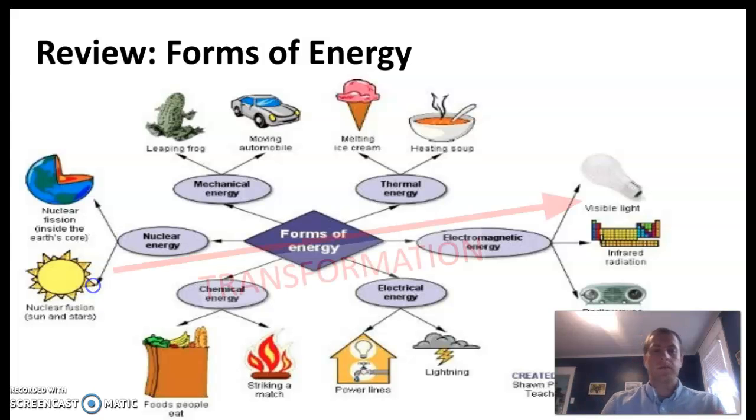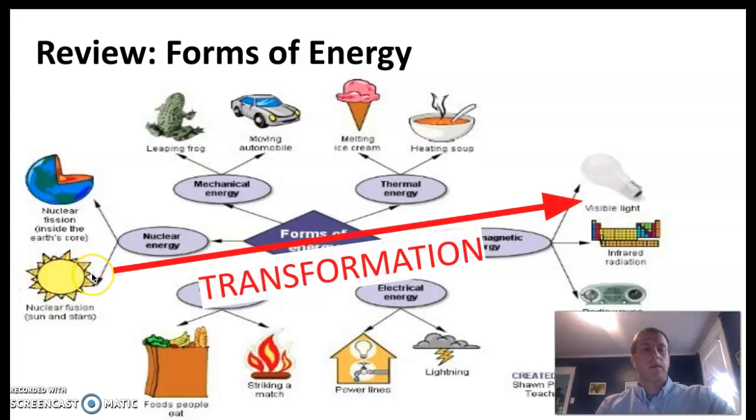So the transformation here would be the energy that starts out as potential nuclear energy is getting ripped apart and turned into all sorts of kinetic energy, stuff that's moving. You think about that, it gets turned into electrical energy, probably some of it. It gets turned into lots of thermal energy, and visible light, for the most part, is what it actually transforms into as far as we can see it.